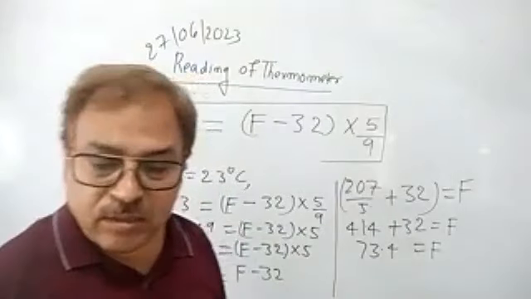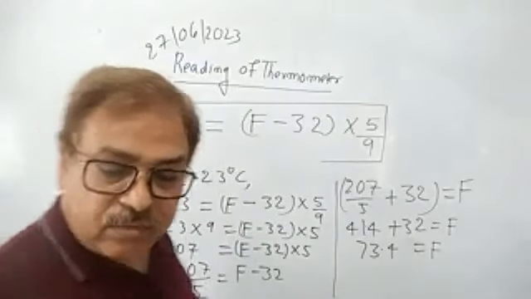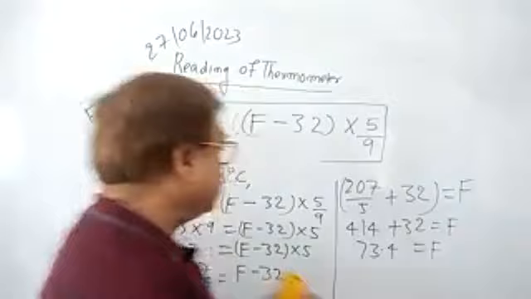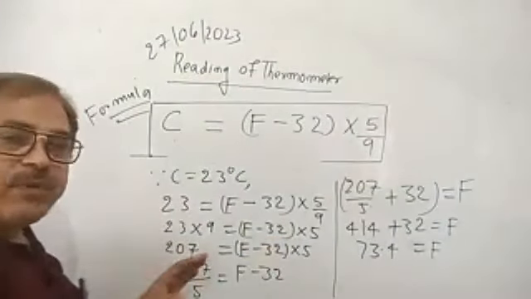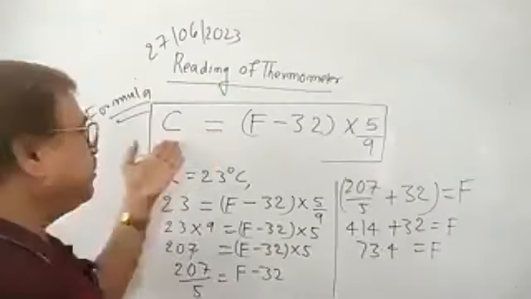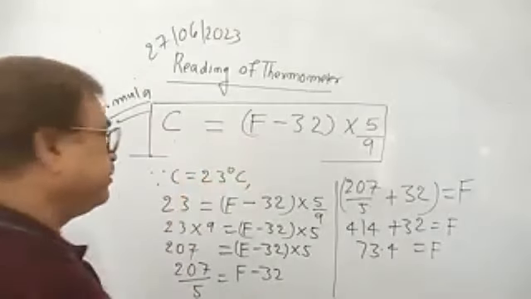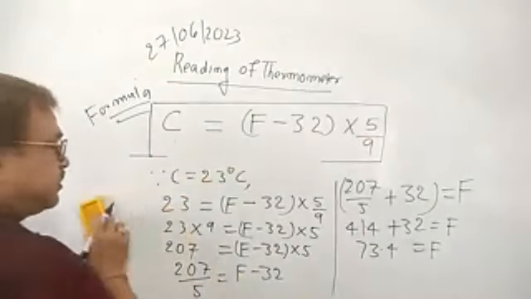Approximately this is in Fahrenheit. So normal room temperature comes out to be like this. This is the formula to convert one temperature into the other temperature.